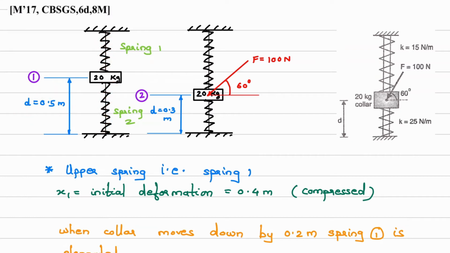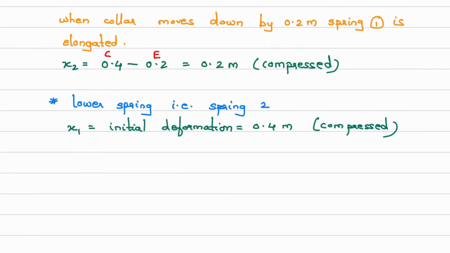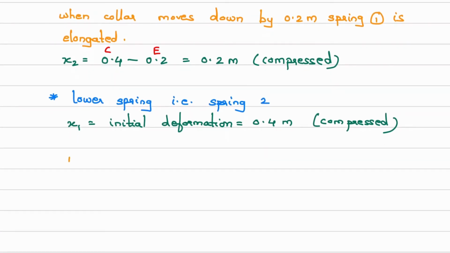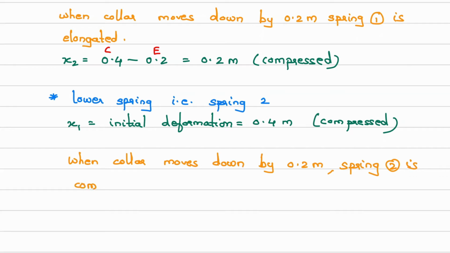Now when the collar moves down by 0.2 meter, spring 2 is compressed further. Now what is the compression?